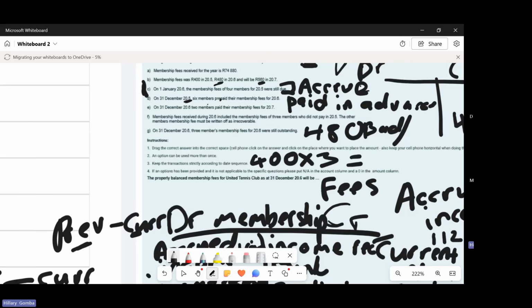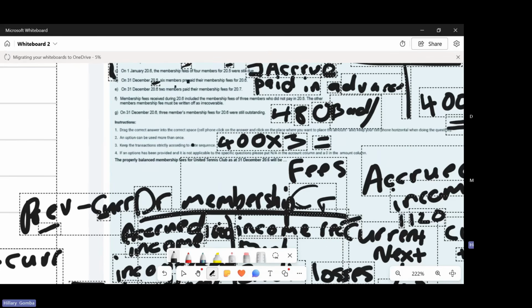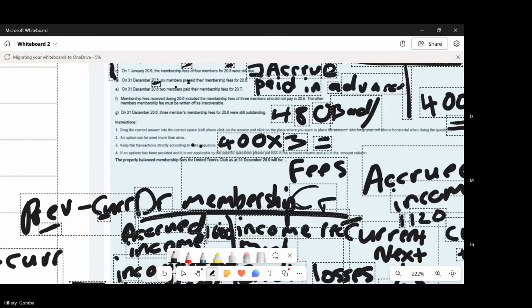Let's see, 3 members who did not pay. The other members must be written off as irrecoverable debts. So it will be 1.2, and then you go to your credit loss on the credit side, and you record the 1.2. Do you have any questions? No.